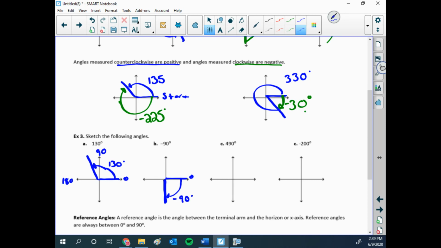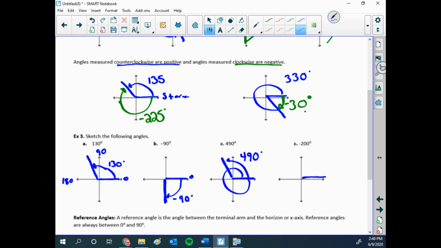490 degrees. I would start here, and if I go around once, that's 360. Add another 90 to that, that gets me to 450. So 490 is going to be right around there. I'm going past that vertical axis and continuing.